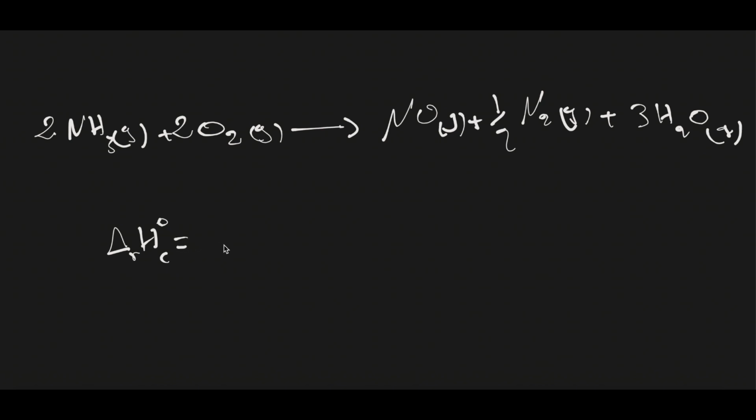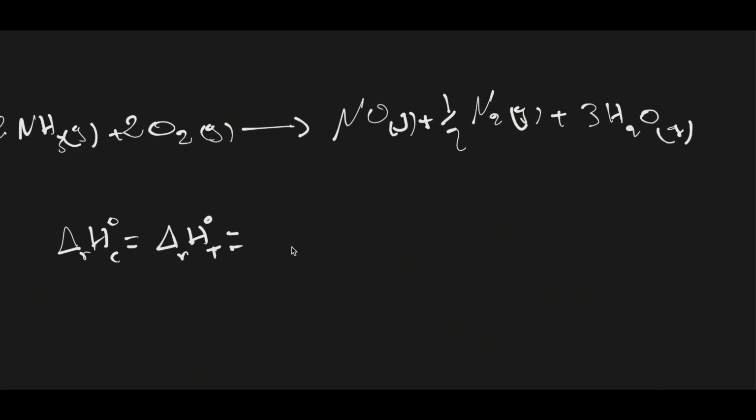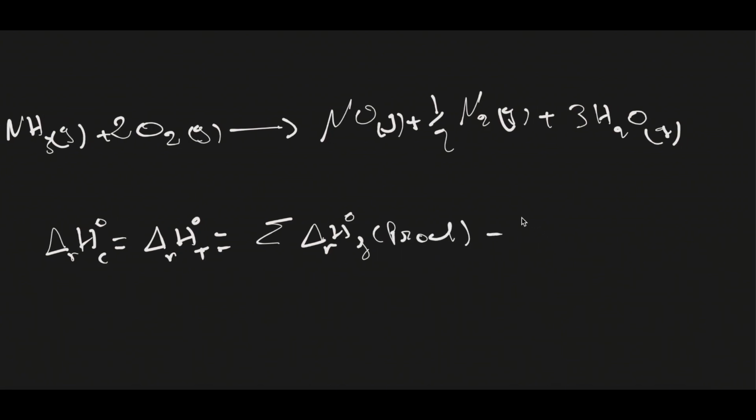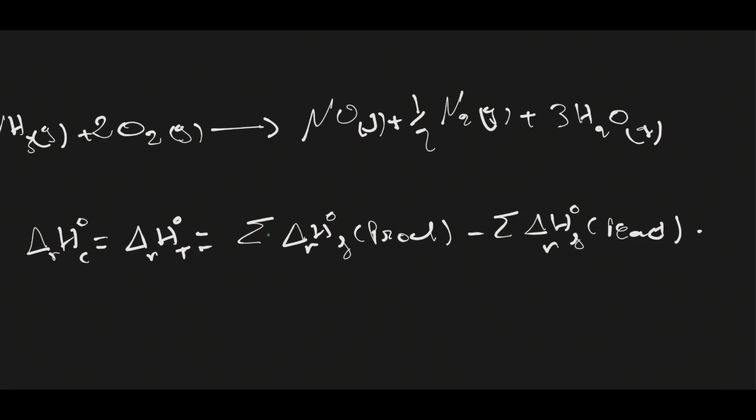It is the same as if we have written the standard enthalpy of reaction at a given T. And this standard enthalpy of reaction is equal to sigma standard enthalpy of formation of products minus sigma of the standard enthalpy of formation of reactants. And of course we have to take into account the stoichiometric coefficient.